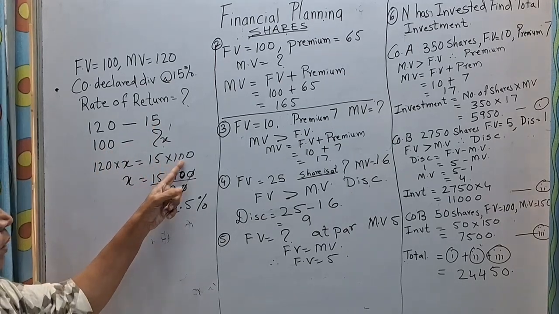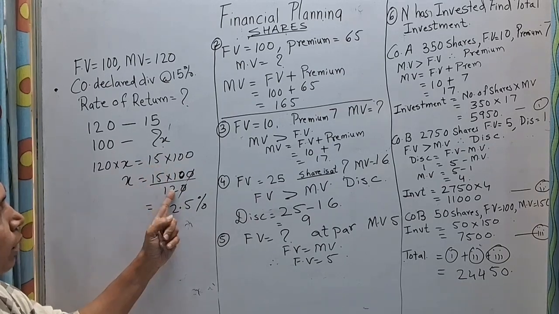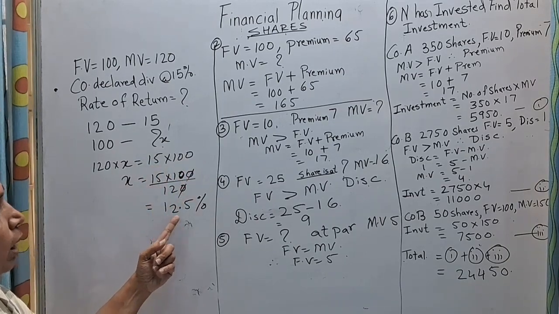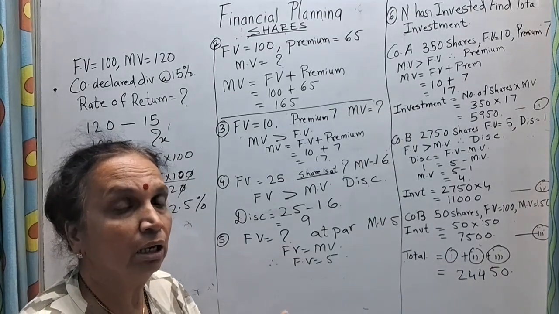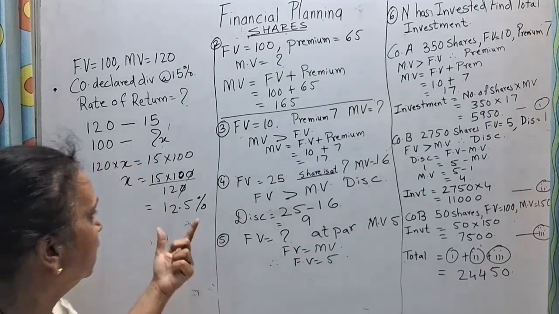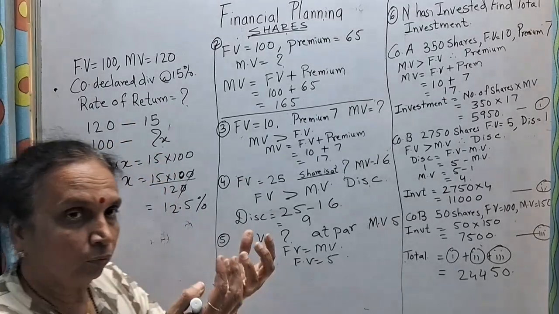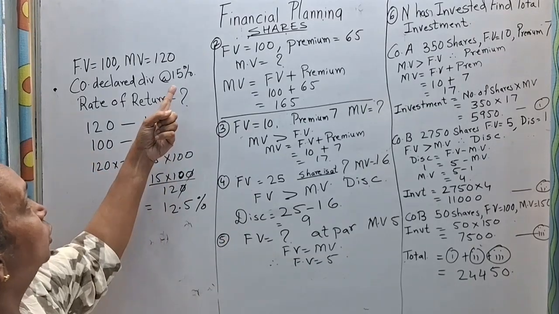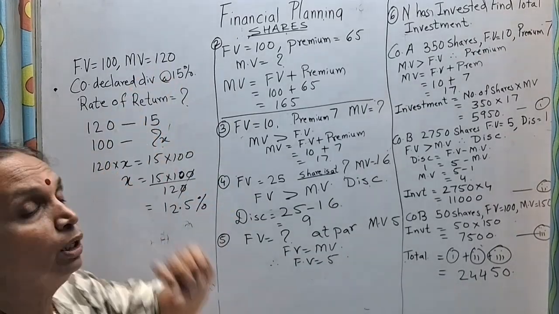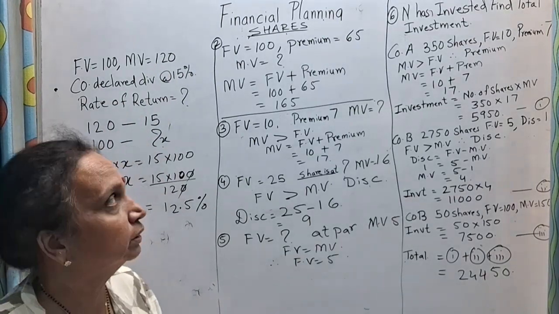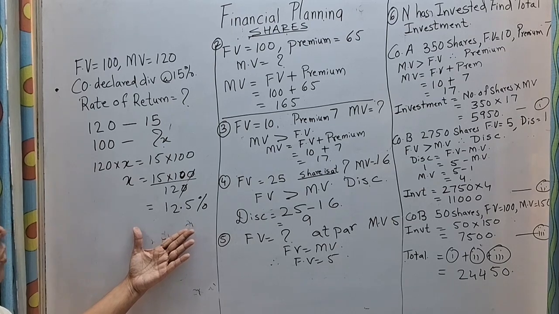So 15 into 100, variable on one side, number on other side, 15 into 100 upon 120, 0 cut, 12.5%. So how much is the rate of return, means how much percent he is getting? 12.5% he is getting return, that is because of the dividend declared 15% and which he has invested 120 rupees for the shares. Okay, so this is one typical type of sum.